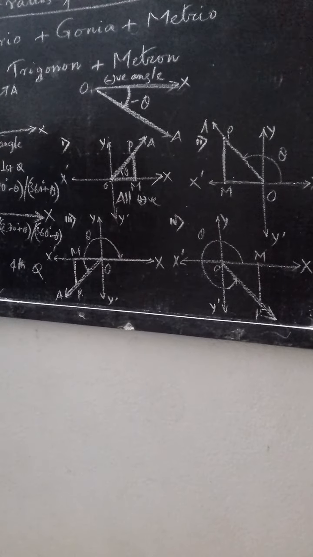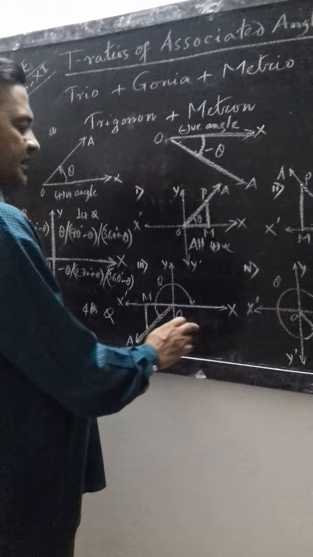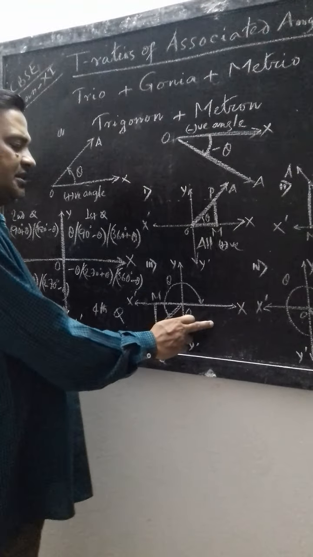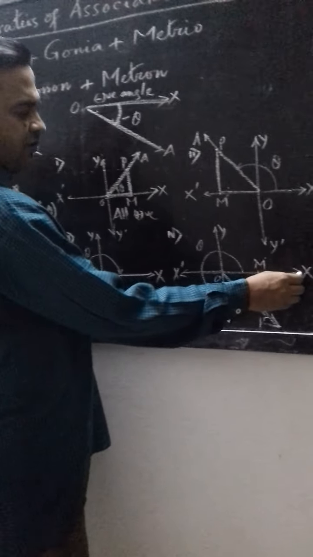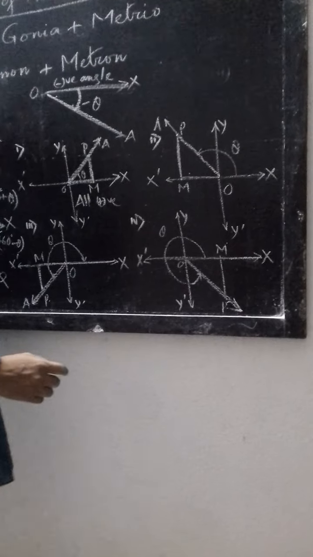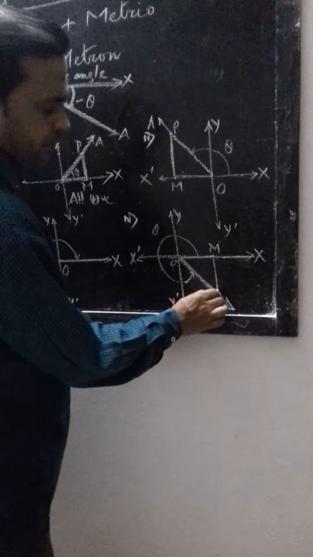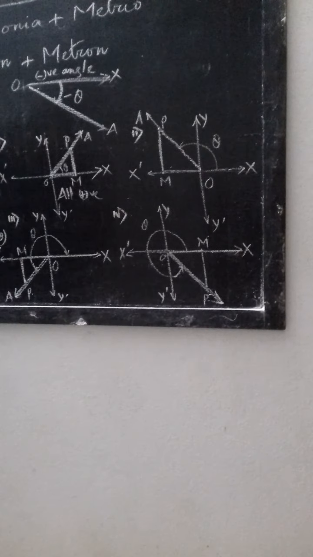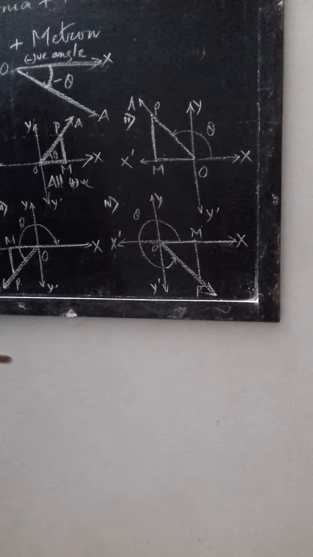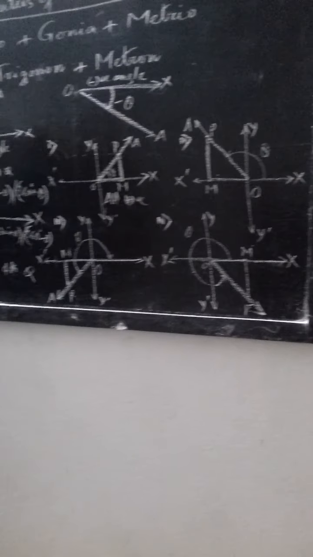So MP by OM or OM by MP is positive. So here tan theta and cot theta are positive and the rest are negative. And in the fourth figure, OM is positive and OP is positive. So OM by OP, that is cos theta, and OP by OM, that is sec theta, are positive. The rest are negative.